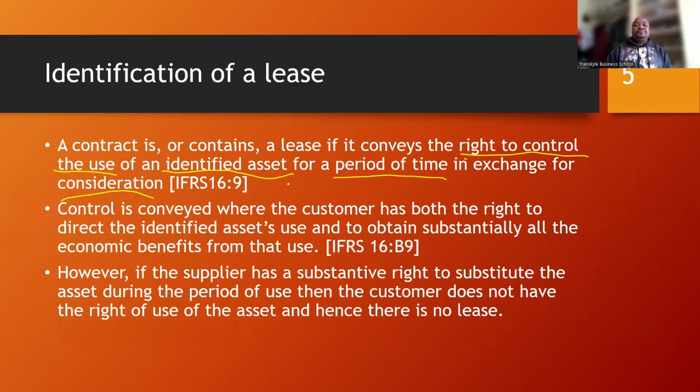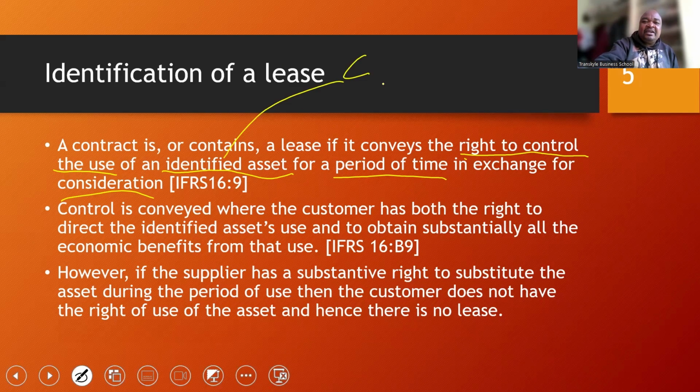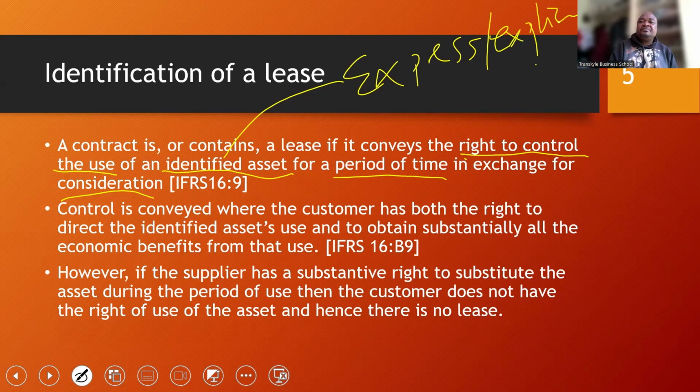An identified asset. Guys, the lease or the contract of lease should identify the asset. But I want you to be careful here. Identification can be explicit or implied, or implicit.